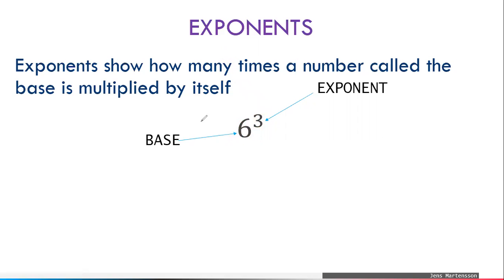To express this fully, 6 to the power 3 will be written as 6 times 6 times 6. So we multiply 6 3 times. So the power, or the exponent, shows us how many times we are supposed to multiply the base, and the base is the number that is multiplied.